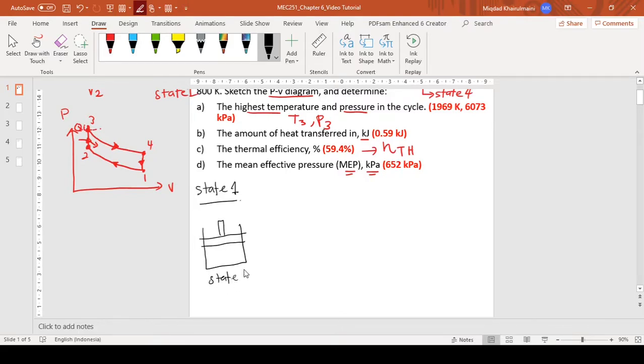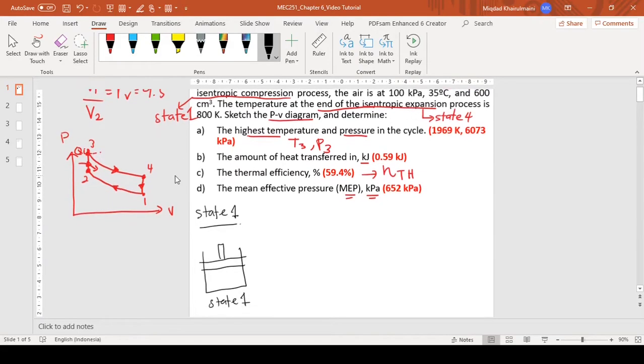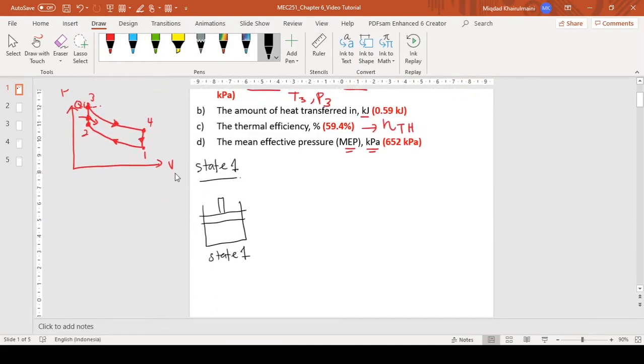At state 1, we know the pressure is 100 kilopascal, the temperature is 35 degrees Celsius, so we add 273, which gives us 308 Kelvin.